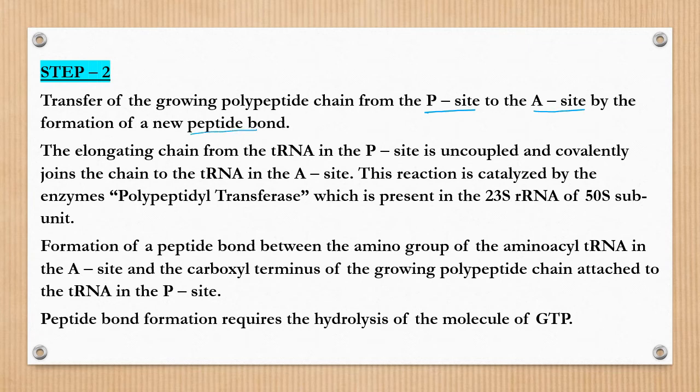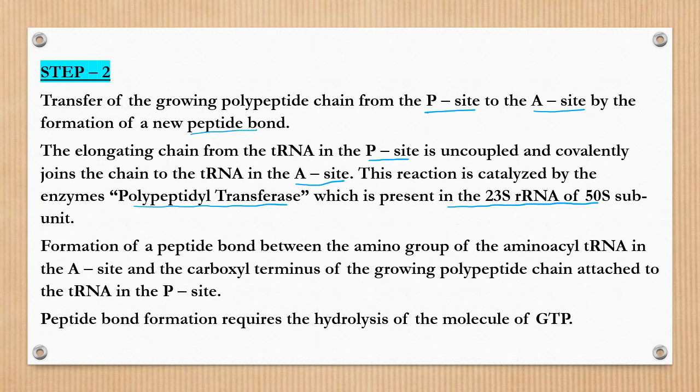The elongating chain from tRNA in the peptidyl site is uncoupled and covalently joins the chain to the tRNA in the A site, amino acyl site. This reaction is catalyzed by the enzyme called peptidyl transferase enzyme, which is present in the 23S RNA of the 50S subunit.